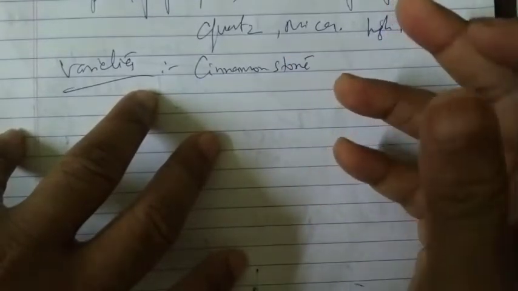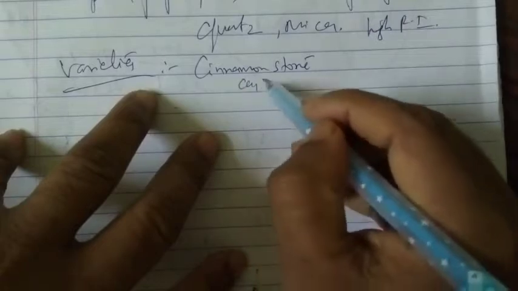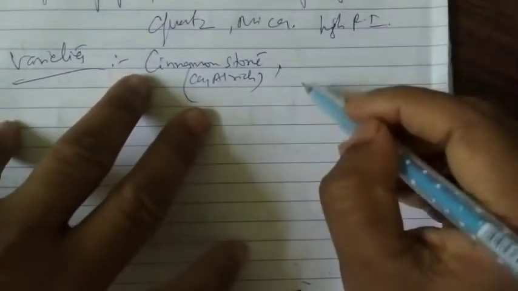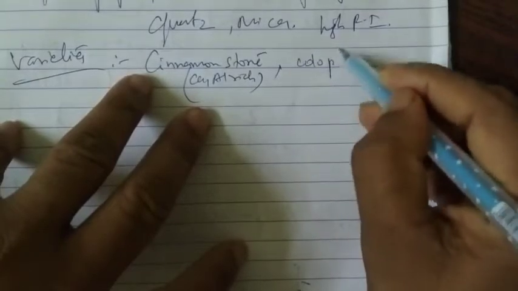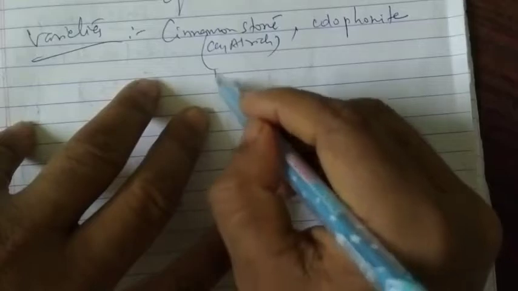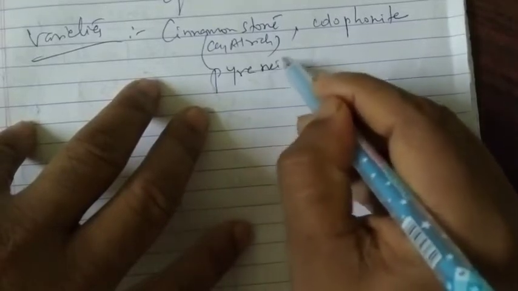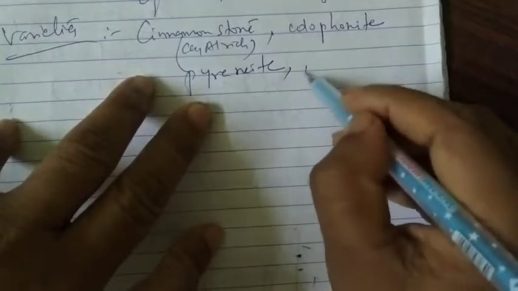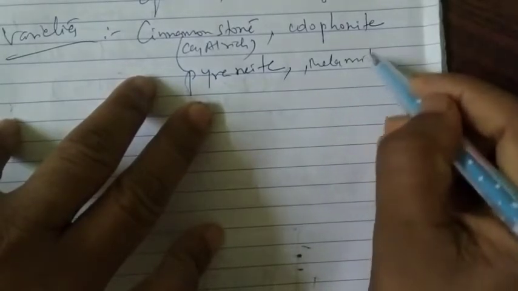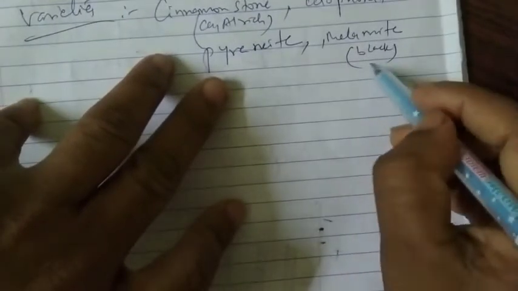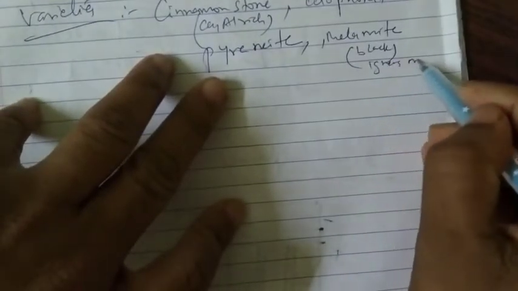Okay, so which is a calcium aluminum rich mineral, cinnamon stone, colophonite like this. Okay, they are formed in, then pyrenite, pyrenite like this. Then melanite, which is a black garnet, an igneous rock like this.